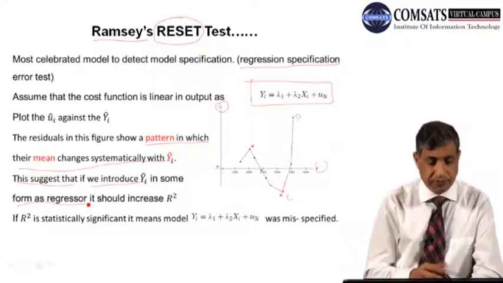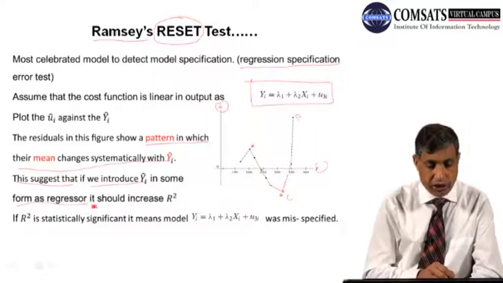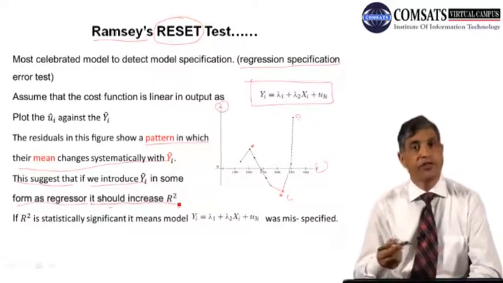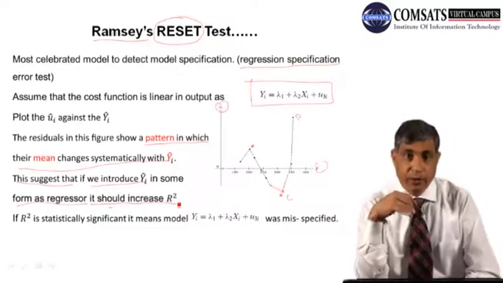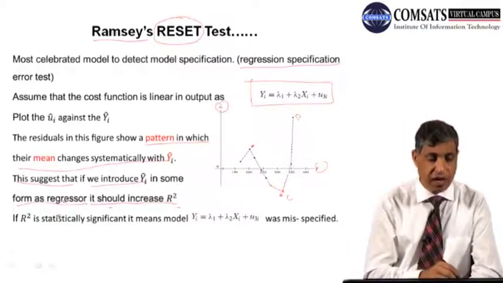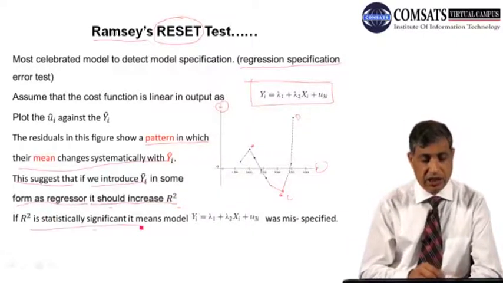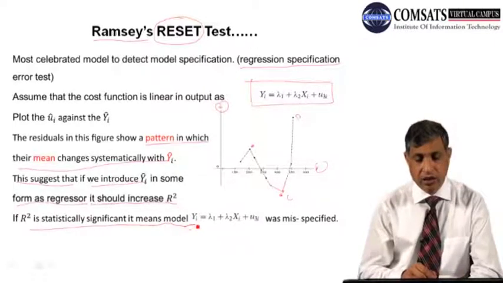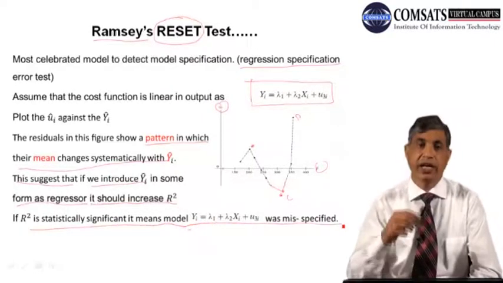When we introduce this, it should increase r square. Definitely, as we include a new variable, the value of r square increases. If the r square increase is statistically significant, it means the model was misspecified.